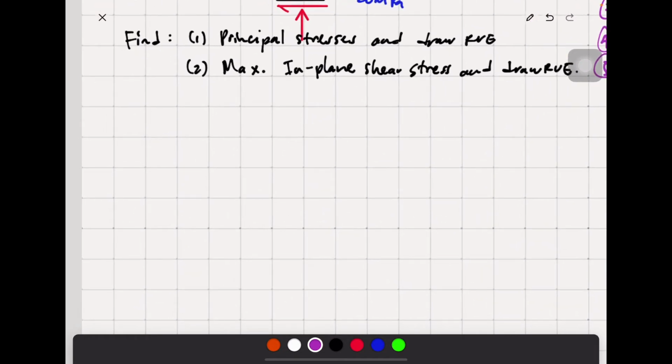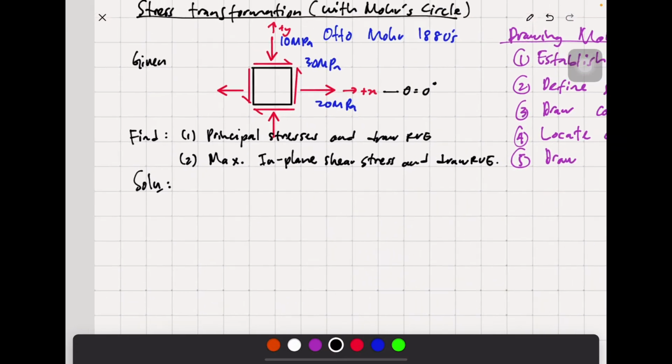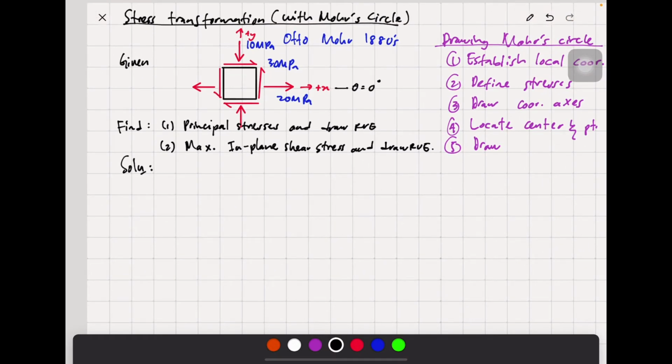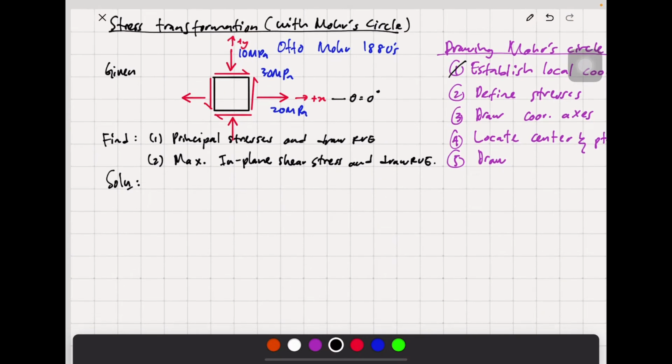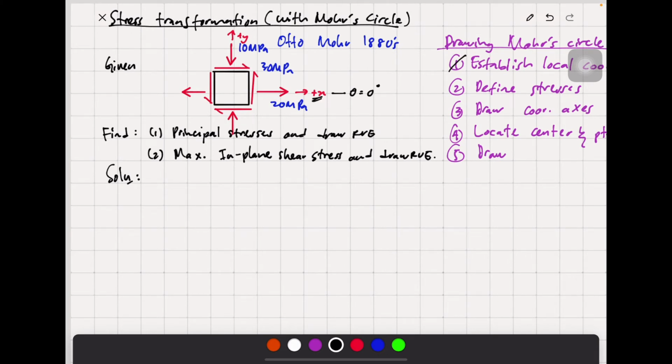Alright, so the solution for this, I'm going to begin with define the stresses. We already did the first one, the coordinate system. I've done that, which is positive x, positive y, positive going outward, and perhaps the second one in order to solve this is to define the stresses.